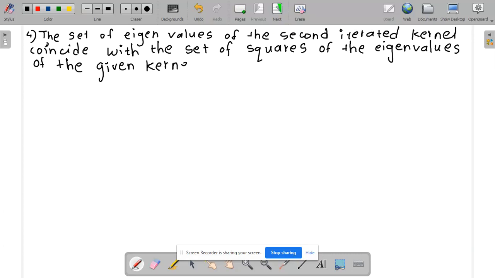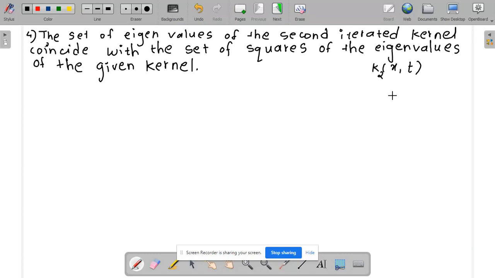So this property says that the set of eigenvalues of the second iterated kernel. Let us suppose K(x, t) is a given kernel, then the second iterated kernel we denote by K2(x, t). You can always see that in most cases K1(x, t) is equal to K(x, t), and the second iterated kernel K2(x, t) is some other kernel.